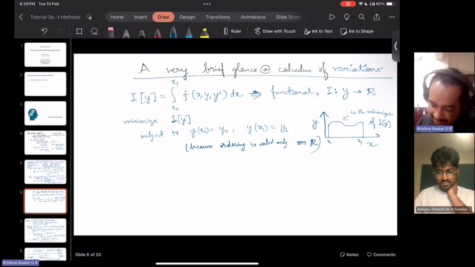So consider any arbitrary variations about this. Let's call this y tilde. It's just a function with some random perturbations added to it, which becomes just another function.